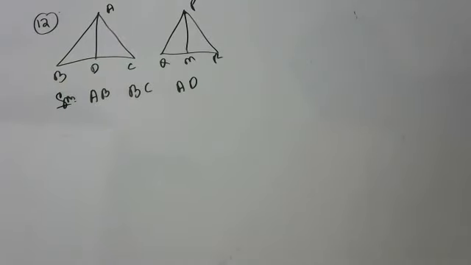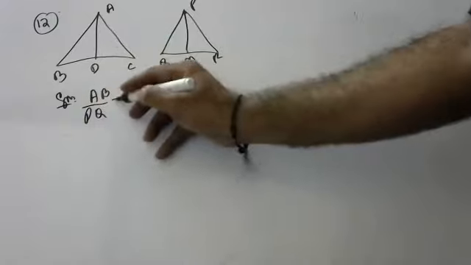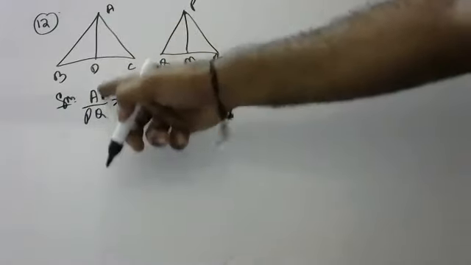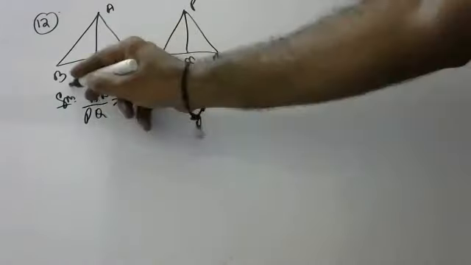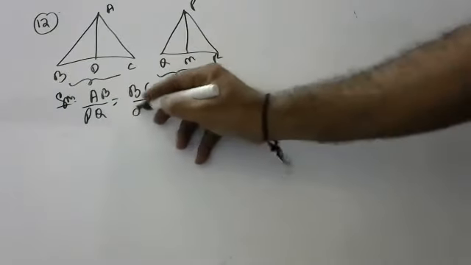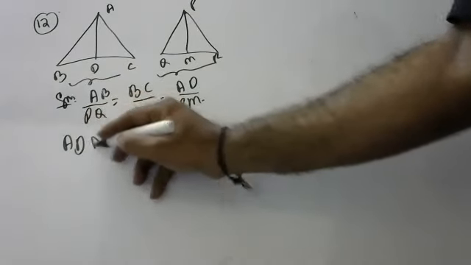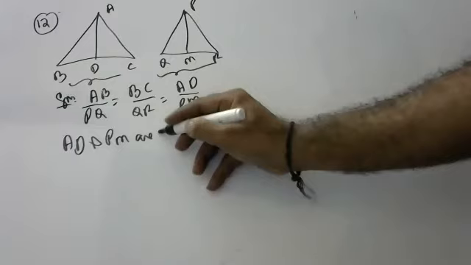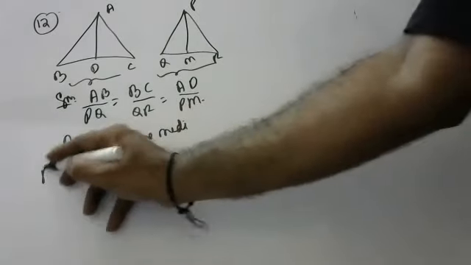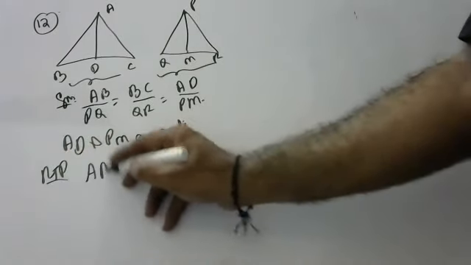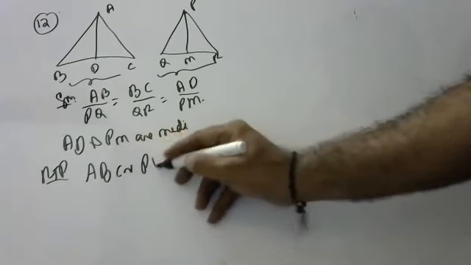AB and BC and median AD of triangle ABC are respectively proportional to PQ, QR and PM. AB is proportional to PQ. BC is proportional to QR. And AD is proportional to PM. He also said that AD and PM are medians. And what is required to prove? We have to prove that ABC is similar to PQR.